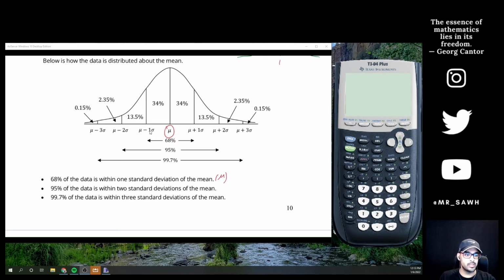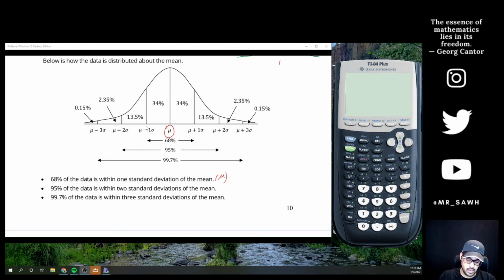Now, the other symbol that you see here, it looks like an O with a little hat on it. That was our symbol for standard deviation. So essentially what this is saying is if I start at my average in the middle and I add one standard deviation to it, I get to the next data value out to the right. But if I subtract that same standard deviation, I get to a new data value on the left.